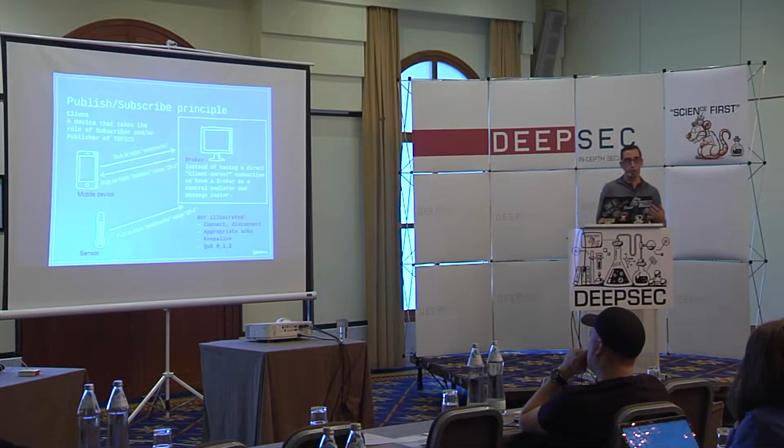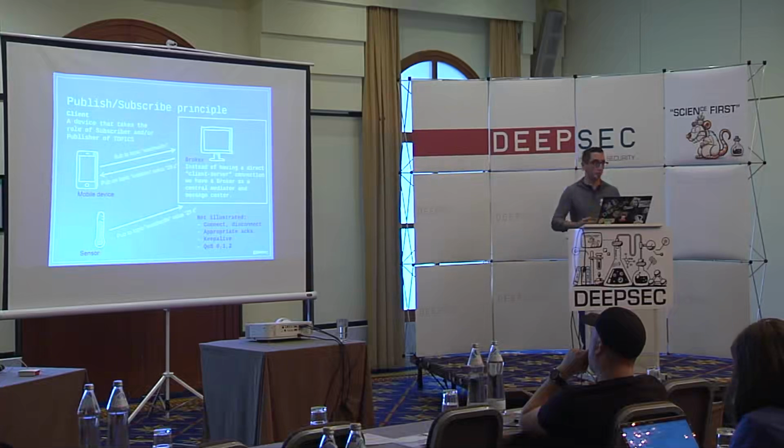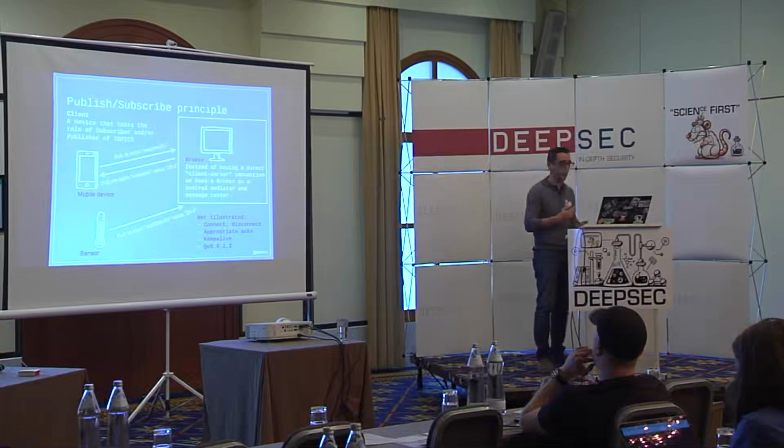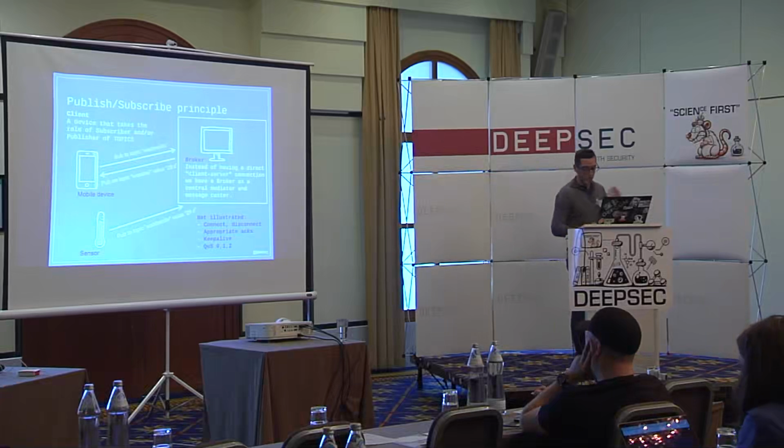QoS, which is a very major thing in the MQTT protocol if you are using it, but for us as hackers, less interesting for this talk. We have 3 levels of QoS. It means how many times or how persistent the message is. And we have a keep alive, which any kind of protocol will have, just for the system to keep going so nothing will break in the middle.